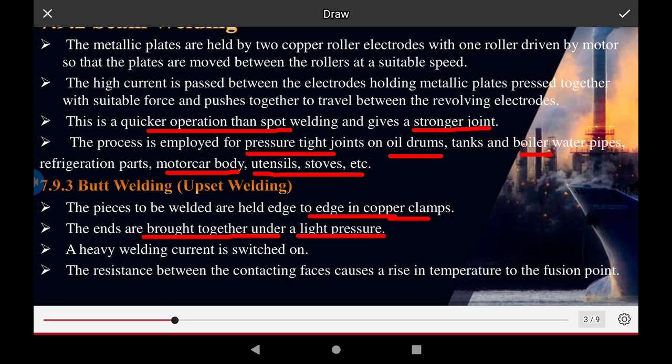In the application of heavy welding, the current is switched on. The resistance welding causes a rise of temperature and an increase to the fusion point, in butt welding, or offset welding.